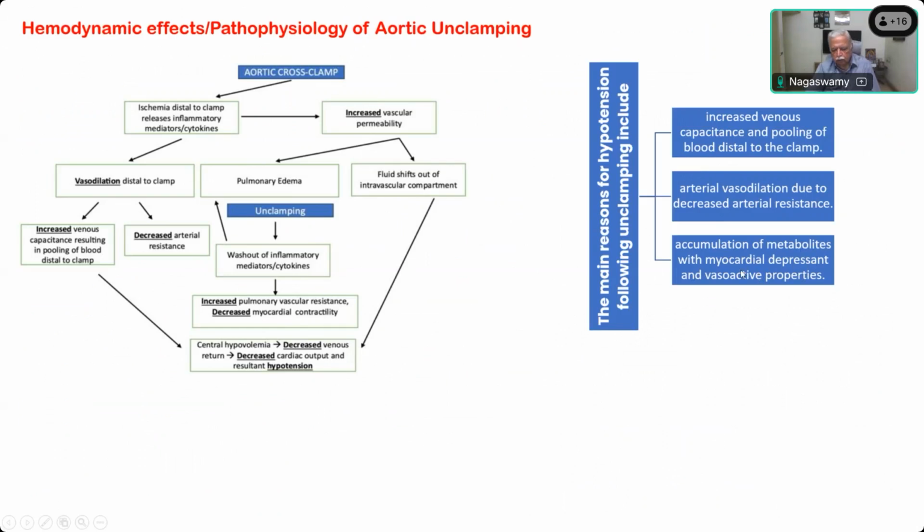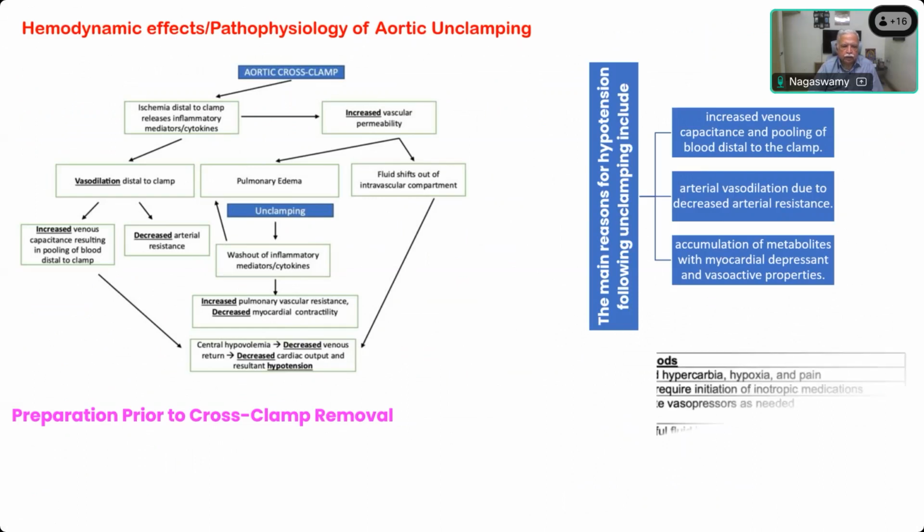So it becomes almost like a vasoplegia condition where the blood pools in all the vessels, both the arterial as well as the venous side, and also there is depression of myocardial contractility because of the vasoactive peptides. So all these things result in the hypotension. So we have to correct all these things. We have to increase the arterial constriction, venous constriction, as well as the myocardial contractility.